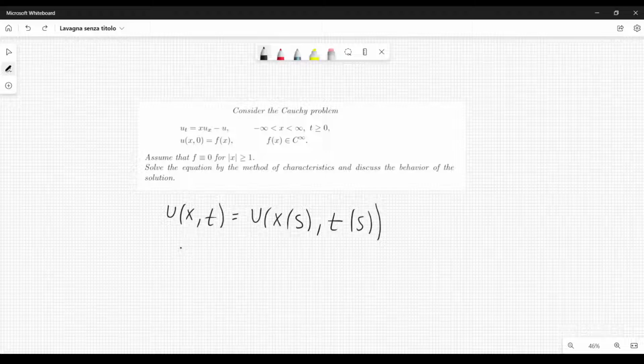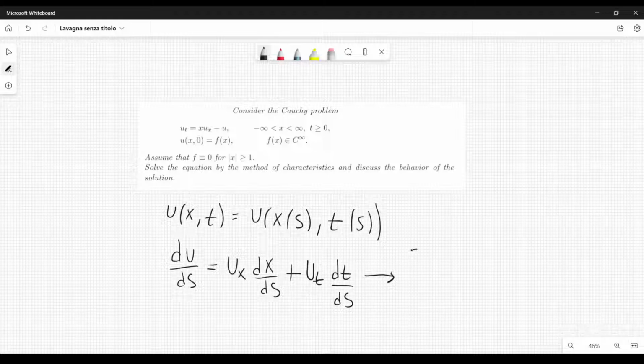This means that u is also a function of s, and therefore we can consider the total derivative of u with respect to s. This is equal to u_x times dx over ds, by the chain rule, plus u_t dt over ds.